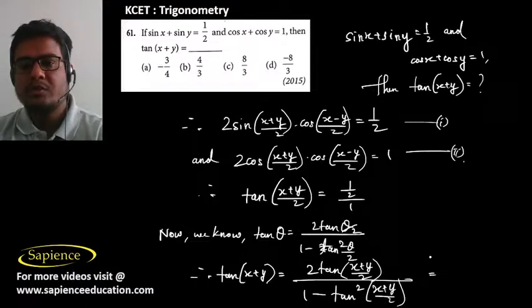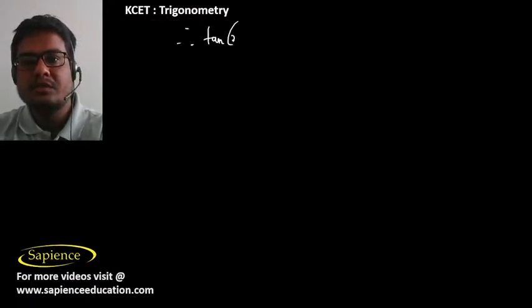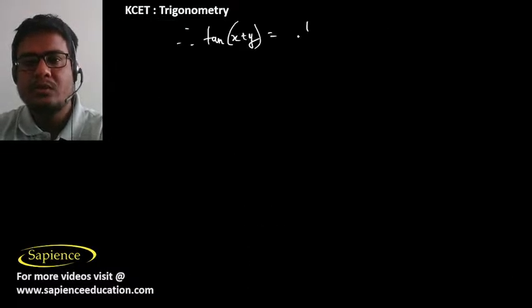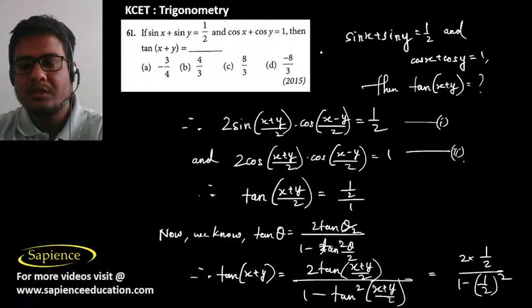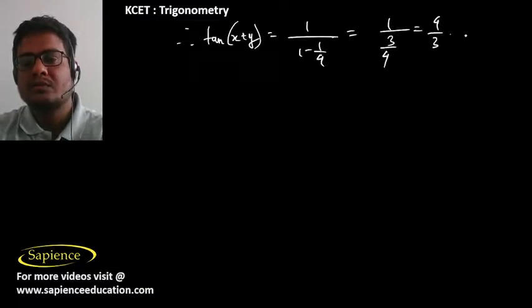So this will be equal to 2 into half, divided by 1 minus half square. Now therefore tan of x plus y will be equal to 2 into half, that is 1, divided by 1 minus 1 by 4, so that is 1 by 3 by 4. So that is 4 by 3. So 4 by 3 is the answer, means option B is the correct answer.